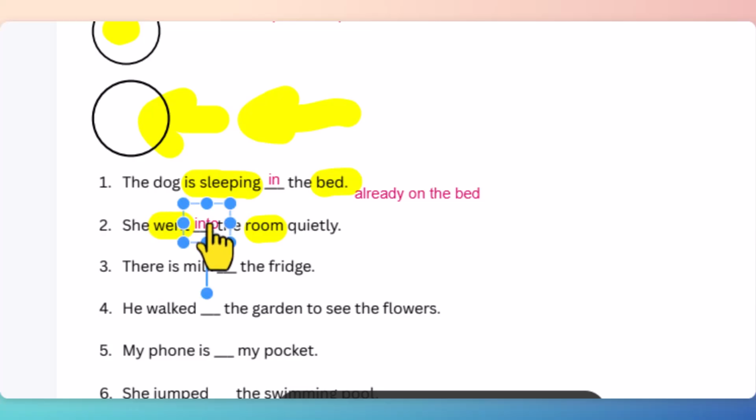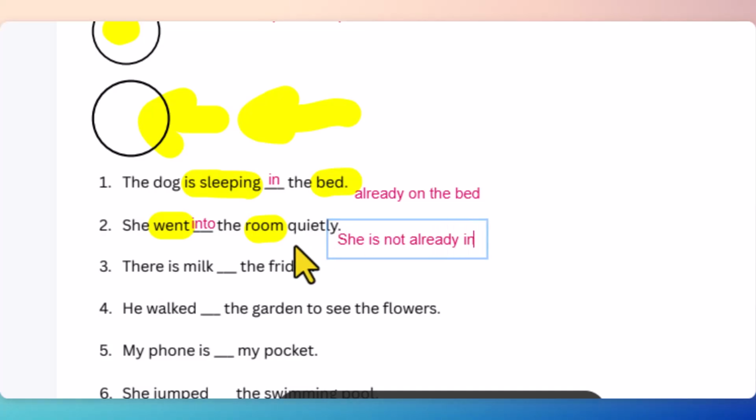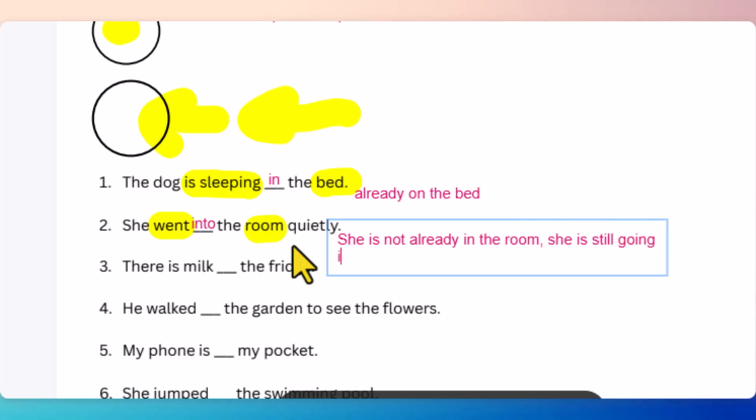So she is not already in the room. She is still going into the room.